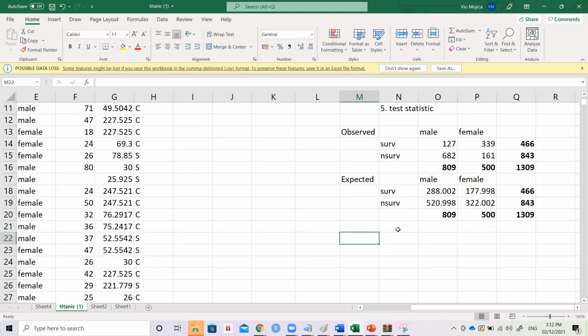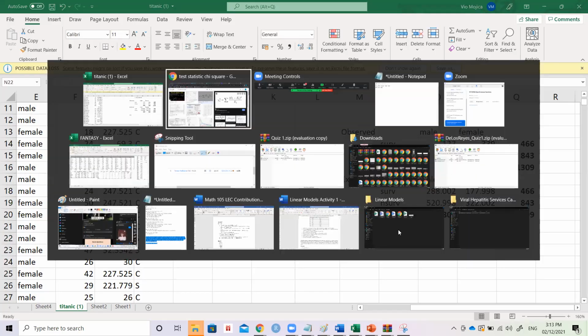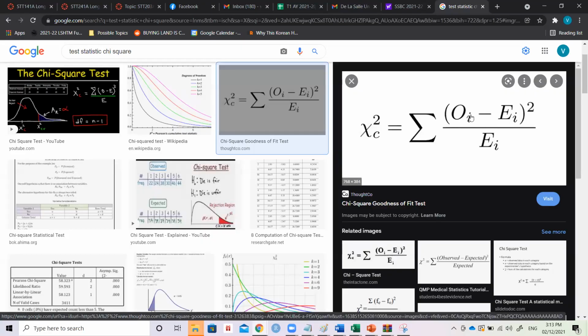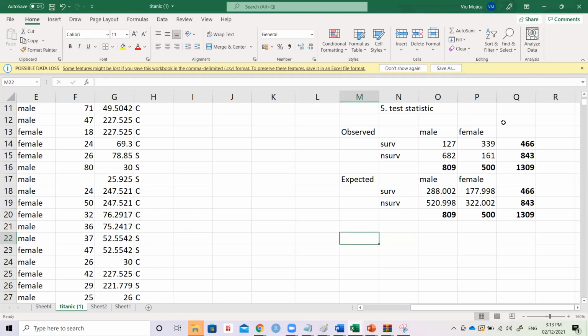So medyo mag-manual tayo. Then the chi-square test statistic right here is just the summation of (O sub i minus E sub i) squared over E sub i, where O sub i are cells from the observed table, E sub i are cells from the expected table. So gawa tayo ng table na ganyan. Medyo manual talaga.